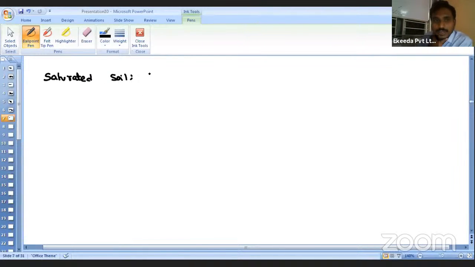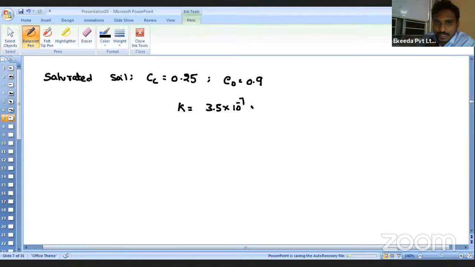For the saturated soil, let us say that the compression index is given as 0.25, and the initial void ratio is given as 0.9. They have also given that the permeability of the soil, which we represent with K, is 3.5 into 10 to the power of minus 7 mm per second.